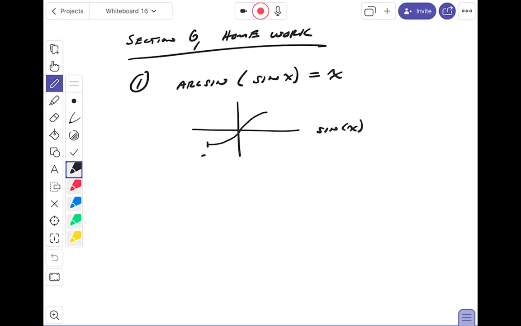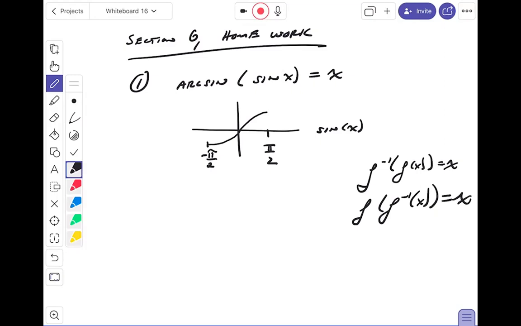And it started at minus pi over 2, and it stopped at pi over 2. All right. So the arcsine is going to undo the sine and return x. They're inverse functions. And certainly in Math 119, you were kind of told this.